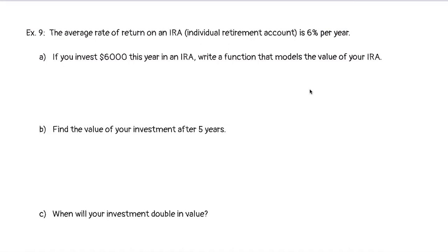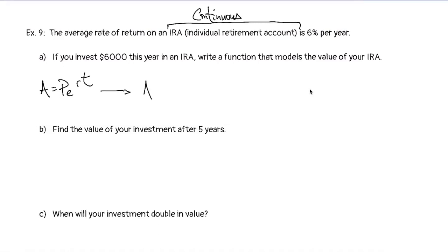So by definition, IRAs are continuous, and we really want to use A equals Pe to the rt to write the equation.